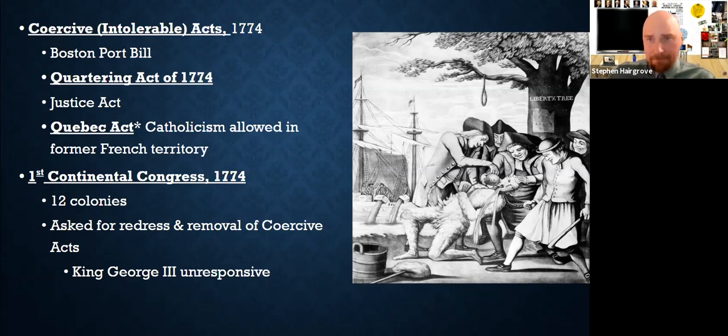With the Justice Act, this was where, instead of the colonies necessarily having supreme authority over their judiciary, the British reserved the right to conduct and control trials. So even when we got to the Boston Massacre, that was tried in the colonies.